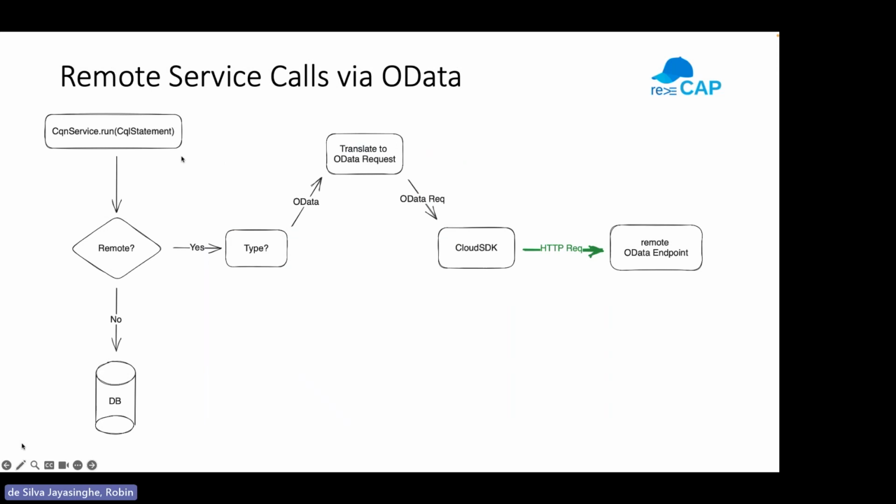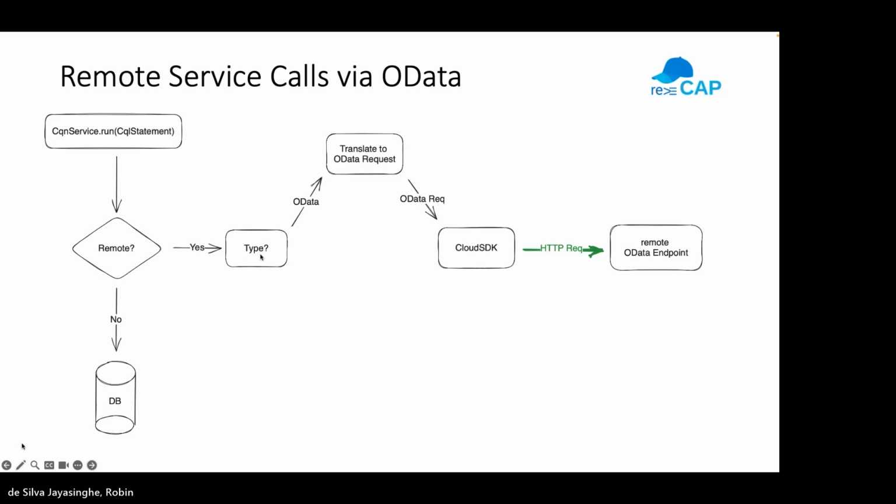So the remote call in the CAP service, namely Java, works in this way. You have seen the CQN service before. It runs the CQN statement. Inside the runtime, we can detect whether this is a remote service or not. If it's not a remote service, it goes to the database. If it is a remote service, we check on the type.